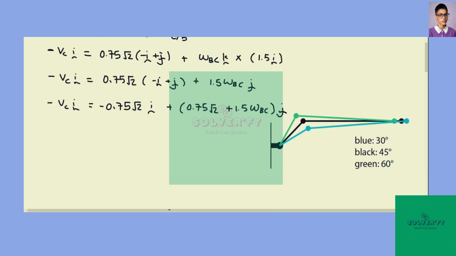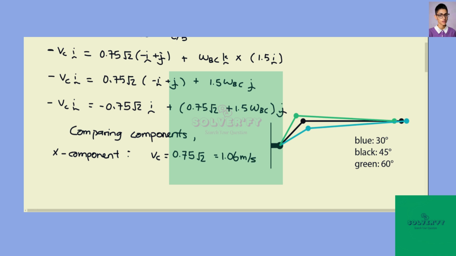We'll be comparing components. For the x component, VC is equal to 0.75 square root 2, so this is 1.06 meters per second.